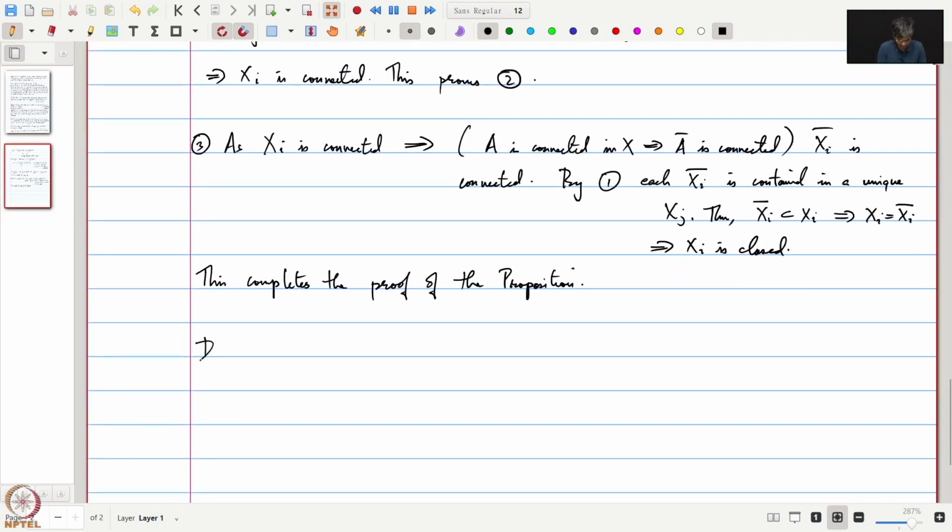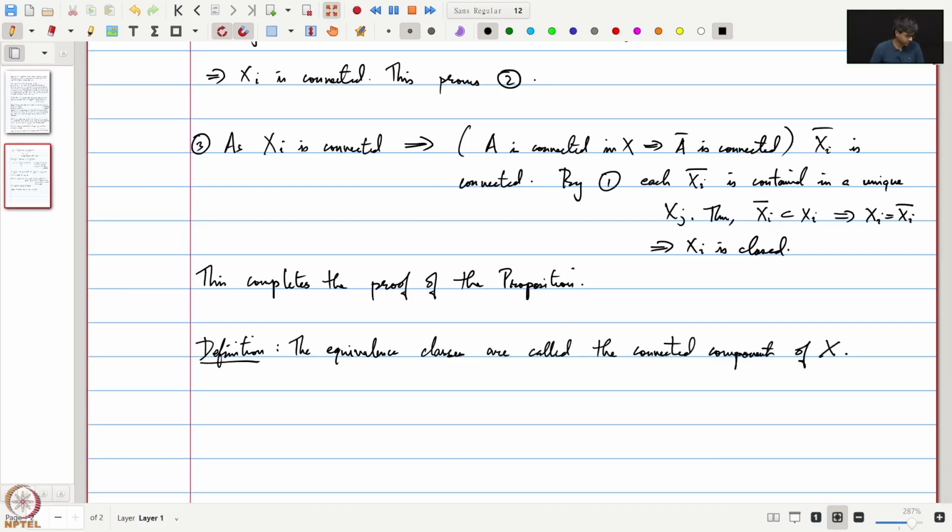So let's just make a definition. The equivalence classes are called the connected components of X. Okay.